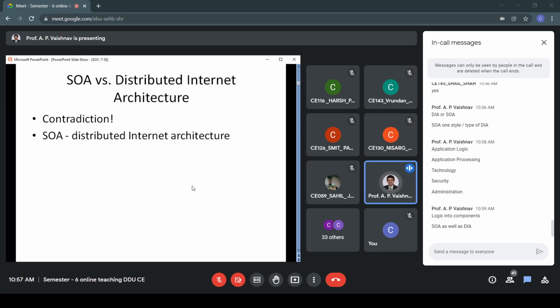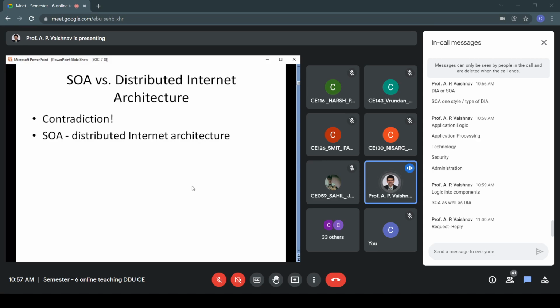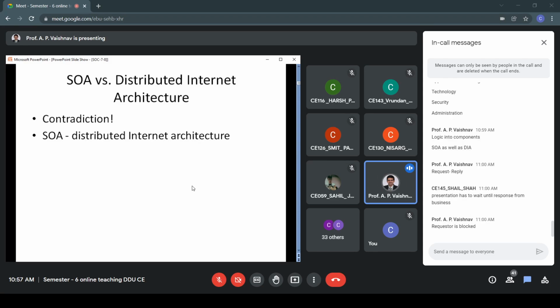Until the reply comes back, the requester is going to be blocked. Yes, exactly. So can I say that there is a high amount of coupling in this design? Because you are not free to do anything else if you want, right? You will be blocked. Can I say that it is going to increase the amount of coupling?